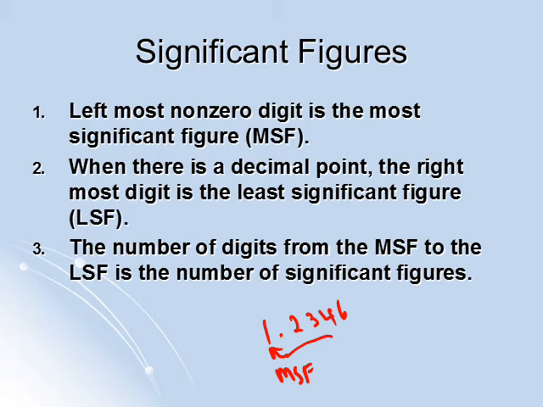When there is a decimal point, the rightmost digit, it could be 0, that's going to be the least significant figure. The number of digits from most to least is the number of significant figures. So in this case we have 1, 2, 3, 4, 5, 6. We have 6 significant figures in this particular case.